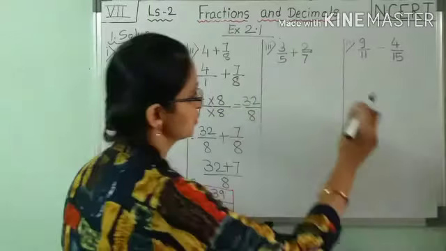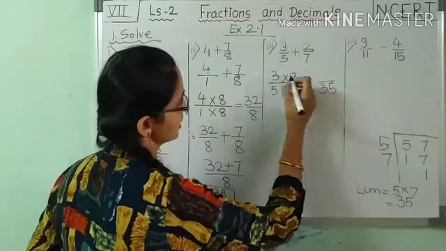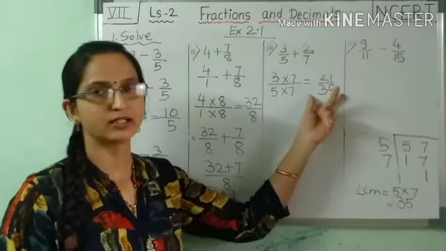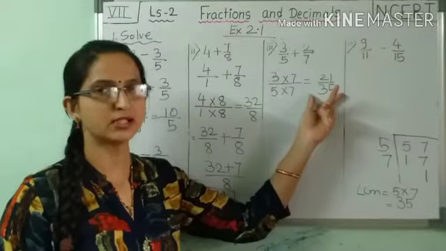Now I want this LCM as the denominator. So how do I get 35 here? Multiply this fraction by 7. So 5 7s are 35, 7 3s are 21. I get the denominator as 35.